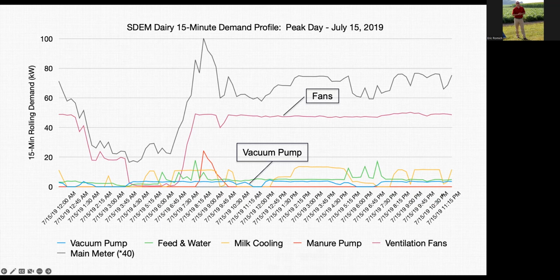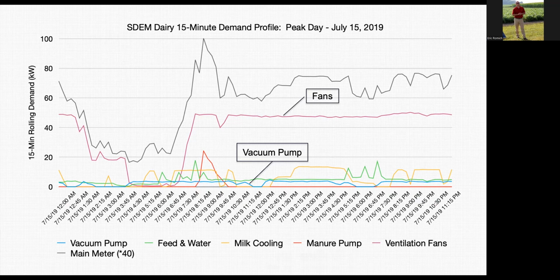And so, again, every farm's going to be different, but what I hope you can gather from looking at some of the details of this farm is to just try and mentally walk through how your farm operates. As John and I are talking, we recognize that not everybody can collect this granular level of data.